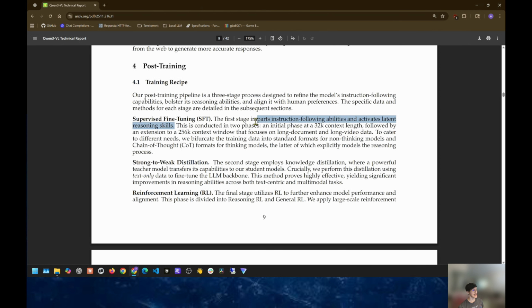This is conducted in two phases: an initial phase at a 32K context length, followed by an extension to a 256K context window that focuses on long document and long video data. To cater to different needs, we bifurcate the training data into standard formats for non-thinking models and chain of thought formats for thinking models, the latter of which explicitly models the reasoning process.